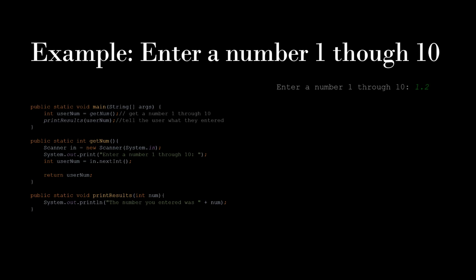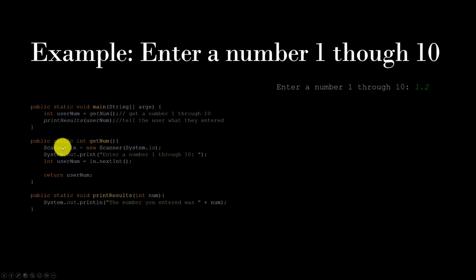We can use loops and things like that to do it, but it makes it way complex. I'll try to show you how simple it can be when we're handling the exceptions here. So notice I have my main method here. We're going to have a number stored to user number, and then we're going to print the results in this method here.